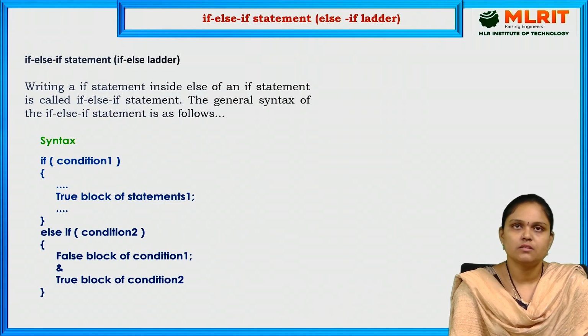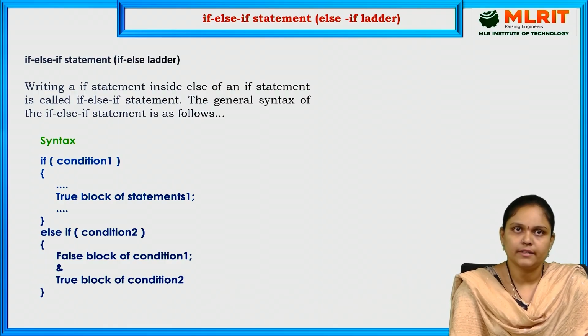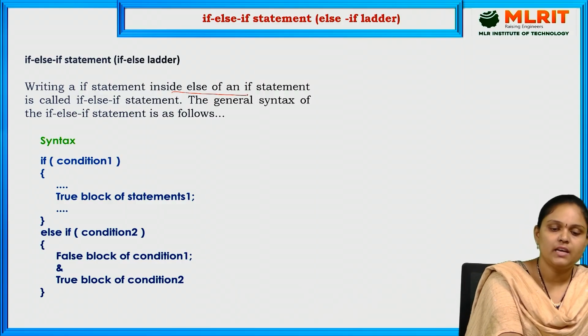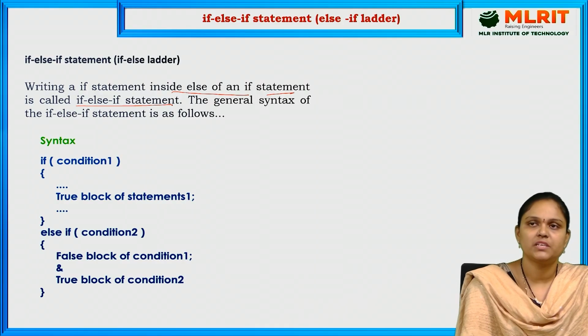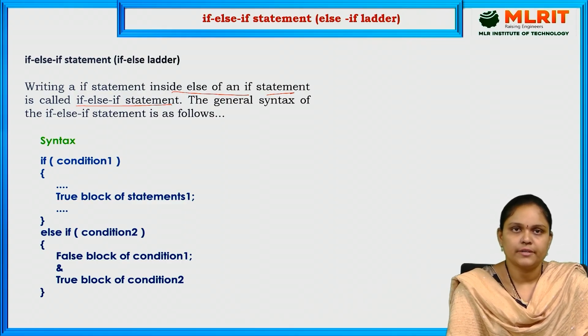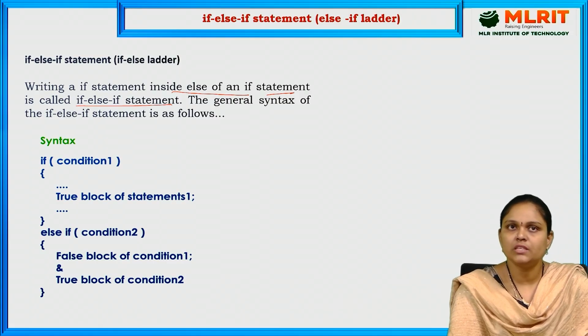And next is the if else if statement. We also call it the if else ladder. Writing an if statement inside the else of an if statement is called an if else if statement. This is the general syntax of an if else if ladder. If we have multiple options, at that time we use this if else ladder.